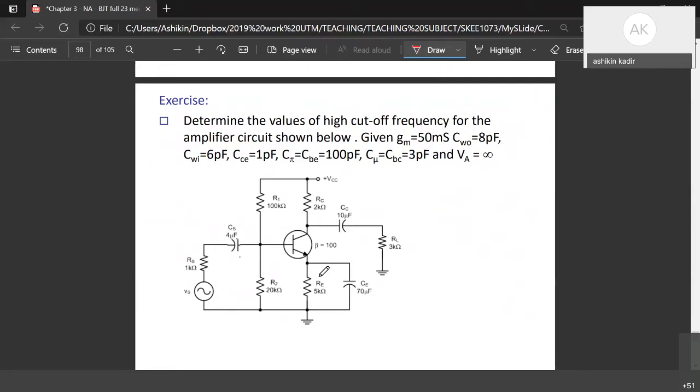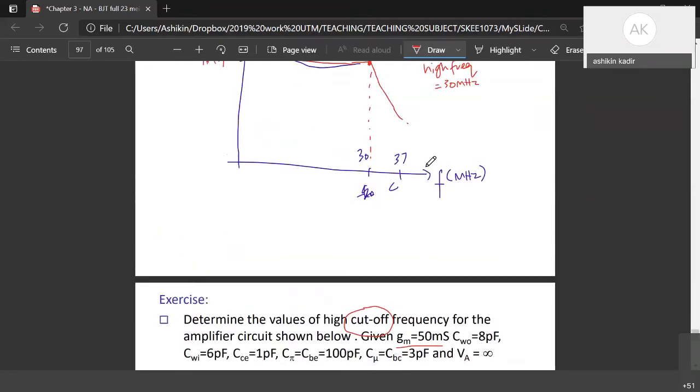Determine the values of high cut-off frequency for the amplifier circuit shown below. So GM is given, and also the capacitance. And then you need to determine the cut-off frequency. So here the word is cut-off. What is cut-off?